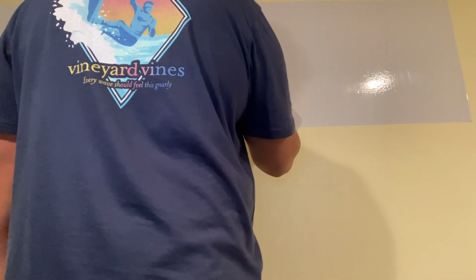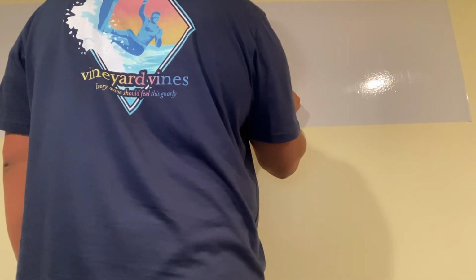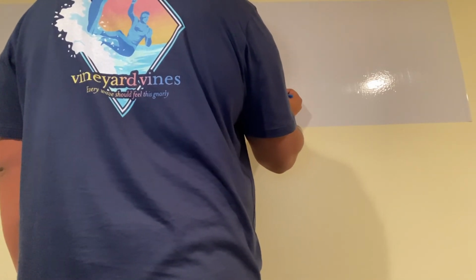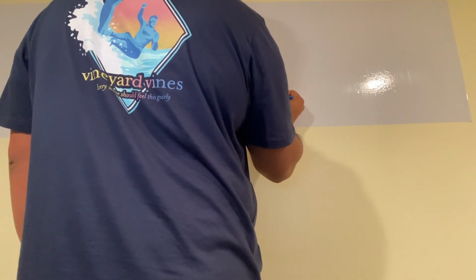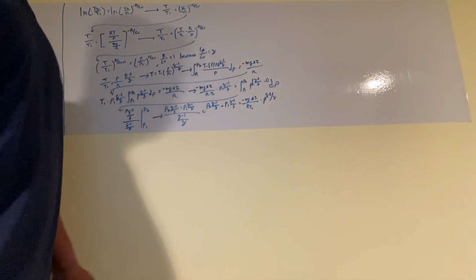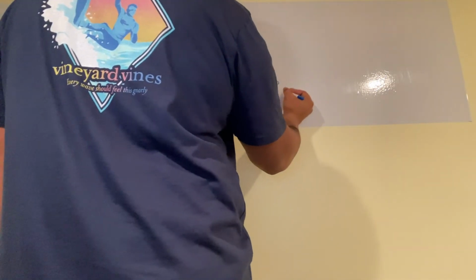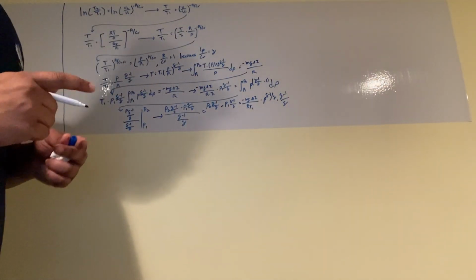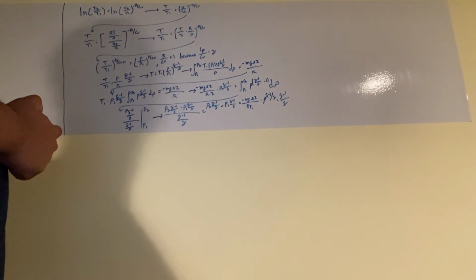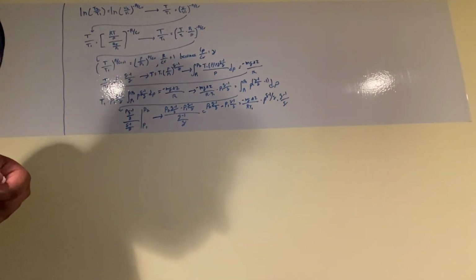And then we multiply this by P raised to the gamma minus 1 all over gamma, and we multiply that by gamma minus 1 over gamma. I'm running out of room here, so I'm going to clean up the board, and we just have a few more steps left to finish the problem.